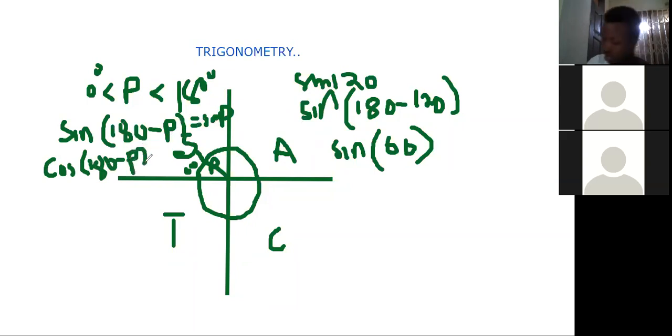But in this case, you are not going to get a positive answer. You are going to get a negative answer. So your answer will be minus cos P. Now you can check. Cos 120 will give you the minus, cos 60 will also give you minus, and they should be the same answer. So we've been able to get the corresponding acute angles. I hope you get it to this point.